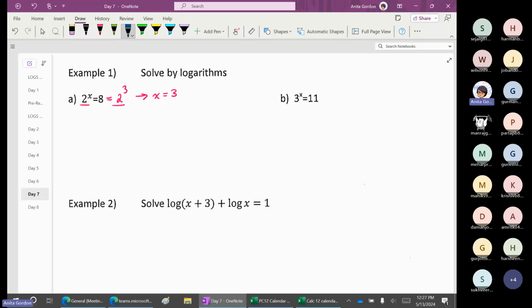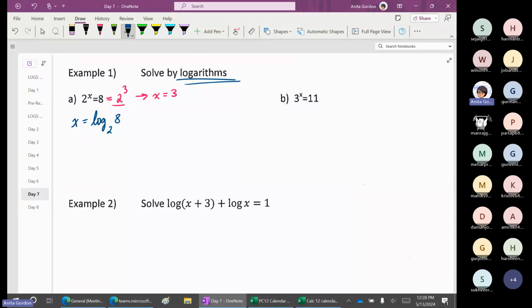When we are solving using logarithms, we are changing the original equation from exponential form to logarithmic form. So I'm going to rewrite this as x equals log base 2 of 8. The base of the exponential becomes the base of the log and switches sides on the equal sign.